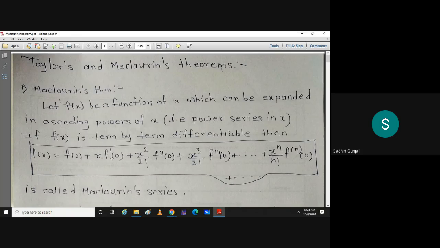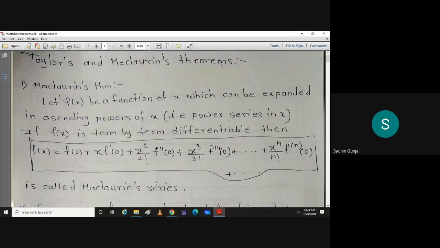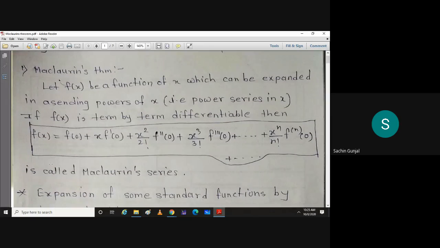This series expansion of function f of x is called the Maclaurin series expansion. Just note it down: Maclaurin series expansion of a function about 0.